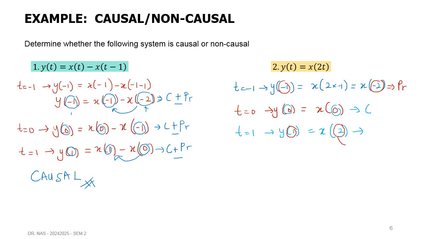So this is a future state. How come the output is being developed earlier than the input being applied? So you have a future state here. In any case, if you have a future state in the equation, automatically the system is non-causal.